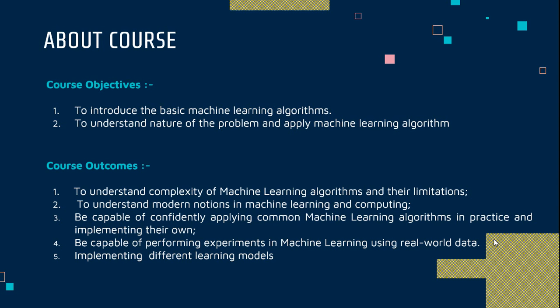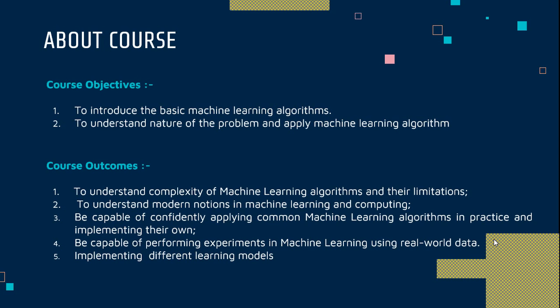Now, the second objective is to understand the nature of the problem and apply machine learning. This objective is very applicable as a practical approach. In this subject, you also have the practical. During this January, we are not going for the practical, right?